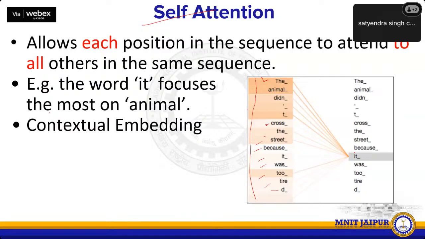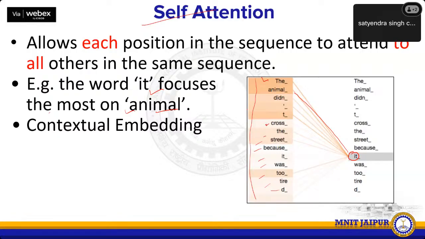Here, "it" is highly relevant to the word "animal," so "it" focuses most on "animal," not the others. That's how self-attention computes these weights dynamically to enable the model to focus on the most relevant parts of the sequence for the input tokens.